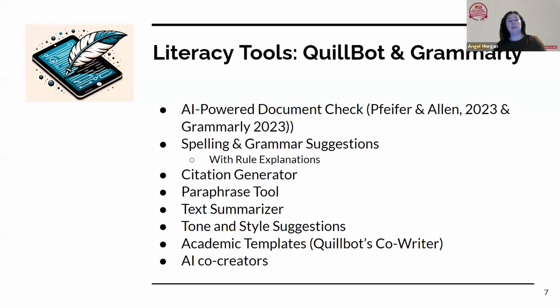So this is something that is sort of more improved and better than a spell check in Word or in Google Docs, right? So these are tools that actually help students to foster and improve their writing skills over time. So they actually help them practice and become more proficient along the way.